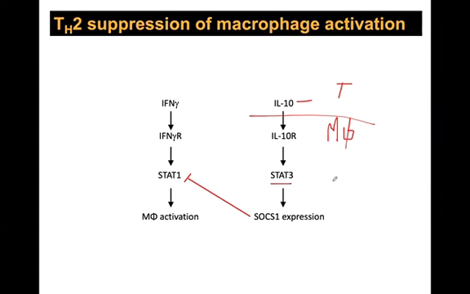This is a different transcription factor, but that upregulates a protein called SOCS1. Excuse me. SOCS stands for suppressor of cytokine signaling, okay? And that shouldn't surprise you what it does. It suppresses other cytokine receptors.